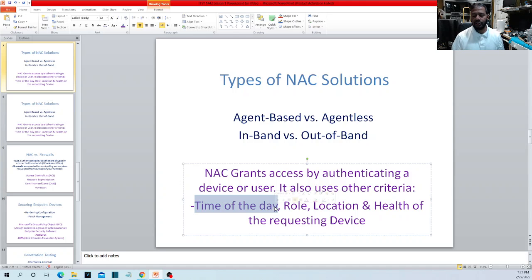You can allow only users who have a certain kind of role or where they are physically located in the world. Or the health of the requesting device, meaning the laptop or the tablet or the phone that is trying to connect. If that phone is compromised, if that phone is malware infected, it's going to check the health of that device before giving access to it.